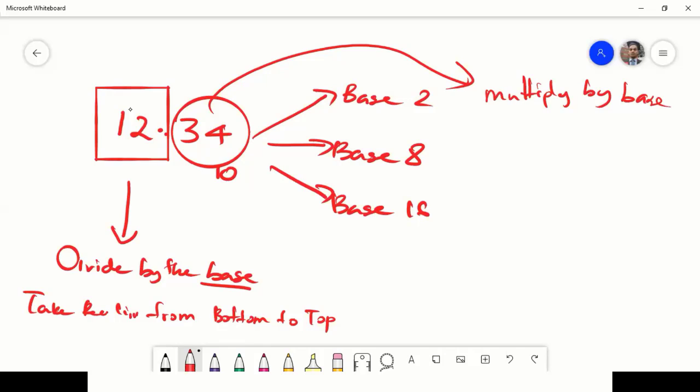If you want to convert to hexadecimal, multiply by 16. Then take the reading from top to bottom. Right? This is the summary of what we studied so far.